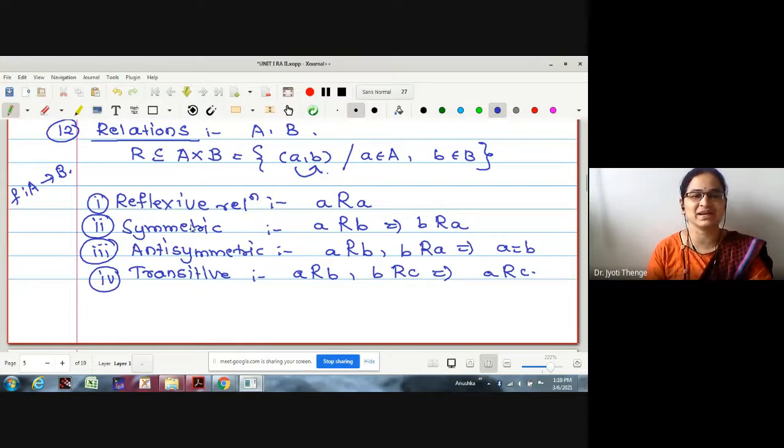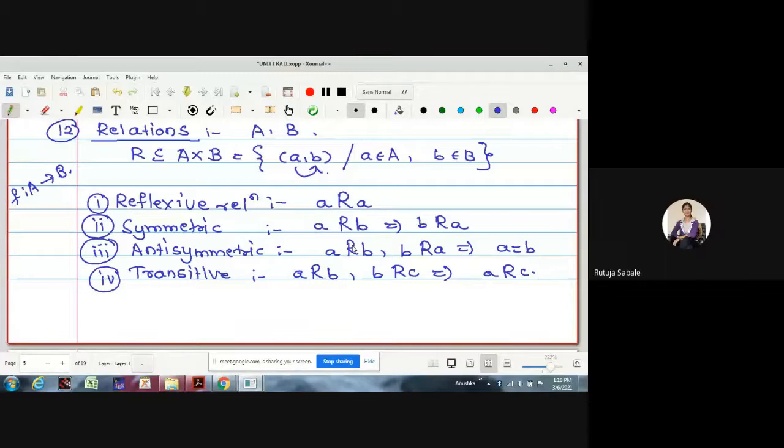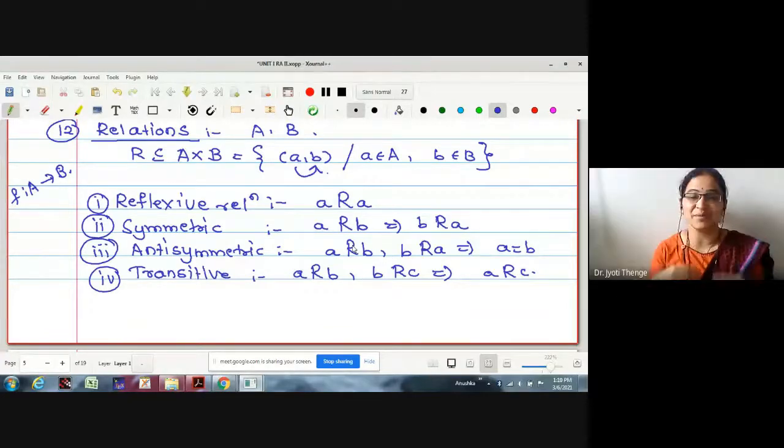Whether it is symmetric: A is a friend of B, is B a friend of A? Yes, ma'am. In some rare situations it is not. We assume some person to be a good friend, but the person may or may not assume us as a friend. Therefore we will go ahead with positivity.